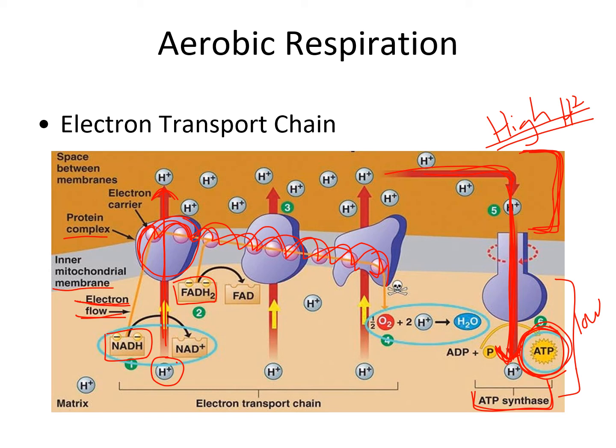Now this whole process is called aerobic respiration. Aero refers to oxygen. And this is considered aerobic respiration because at the very end of this process, the oxygen serves as the final electron acceptor for that electron. So once that electron has passed through the electron transport chain, it needs to go to a final electron acceptor.